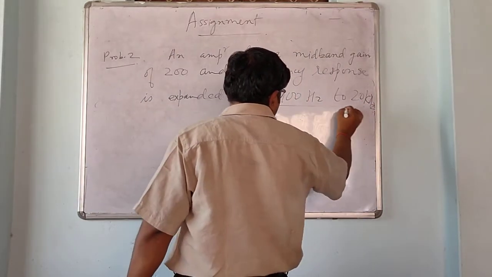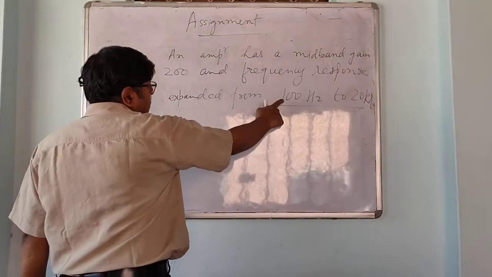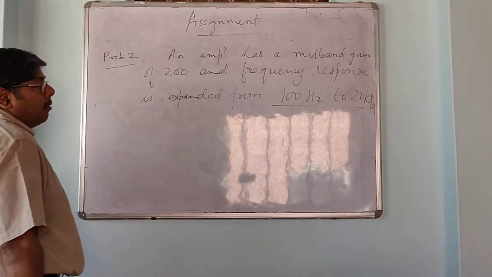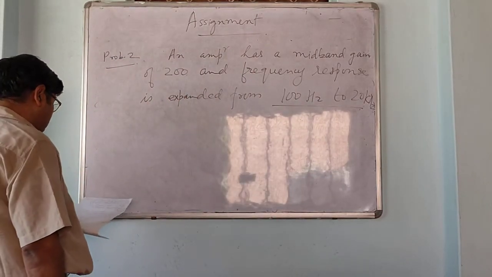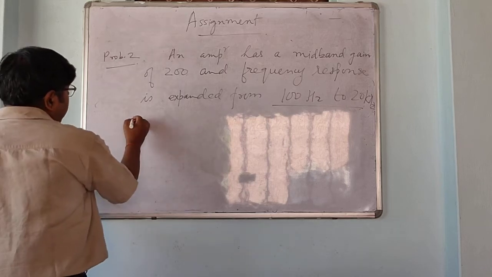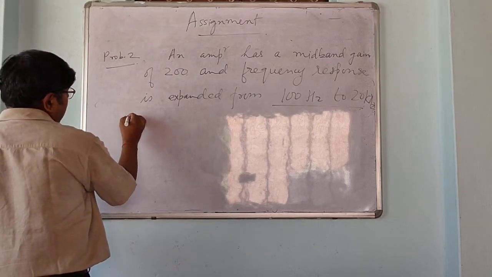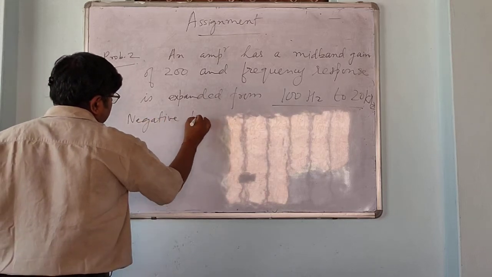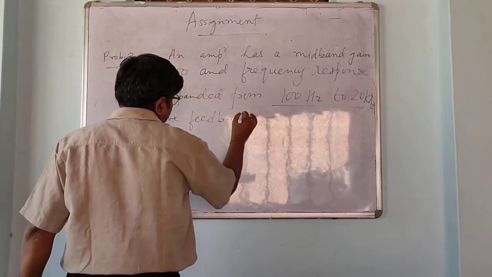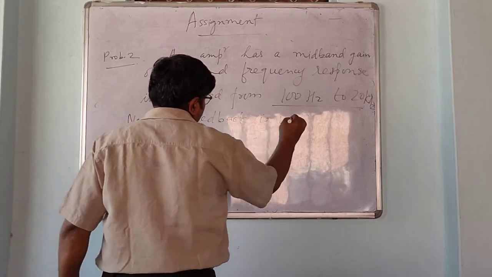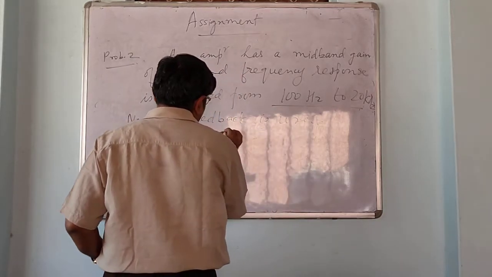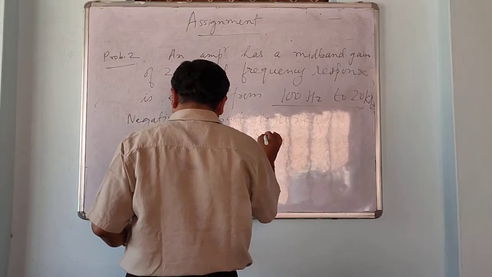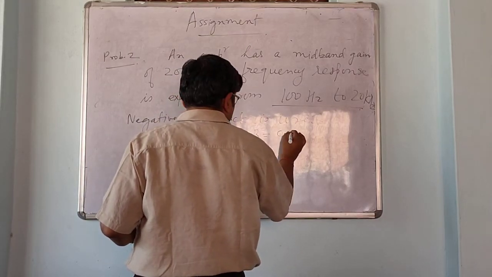So this is the frequency range. Means lower cutoff is 100 and upper cutoff is 20 kilohertz. Negative feedback is used with feedback factor 0.02.